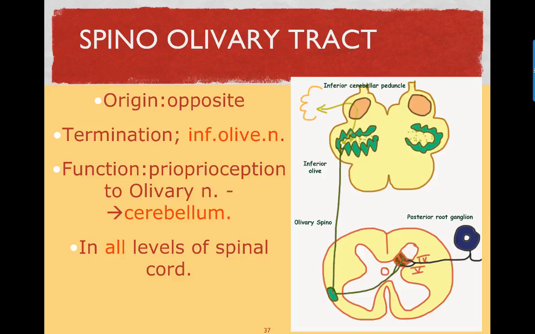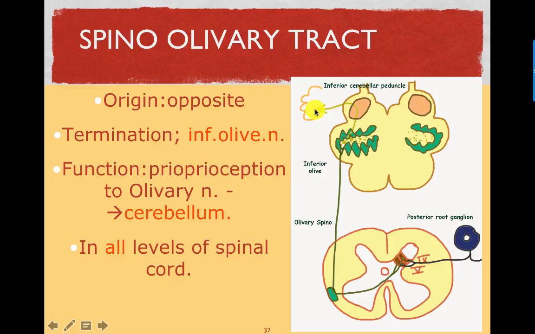Here we also have 5, but 5 and 4, and in this lamina, present in all the levels of the spinal cord, the axons will cross to the other side to form the spino-olivary tract that will ascend to reach the inferior olive, and from the inferior olive pass to the cerebellum through the inferior cerebellar peduncle.